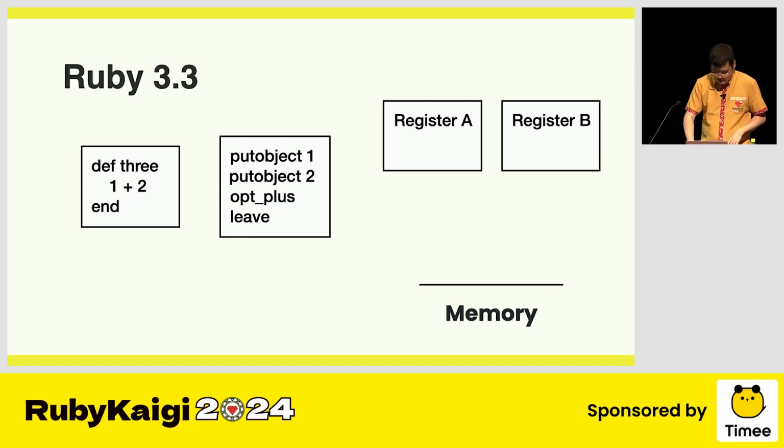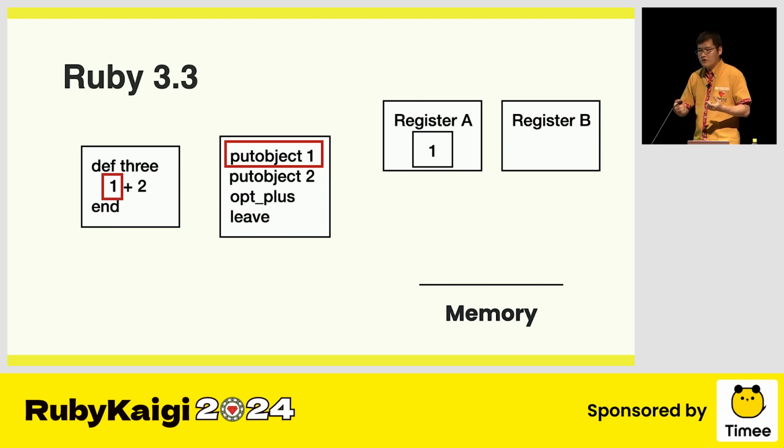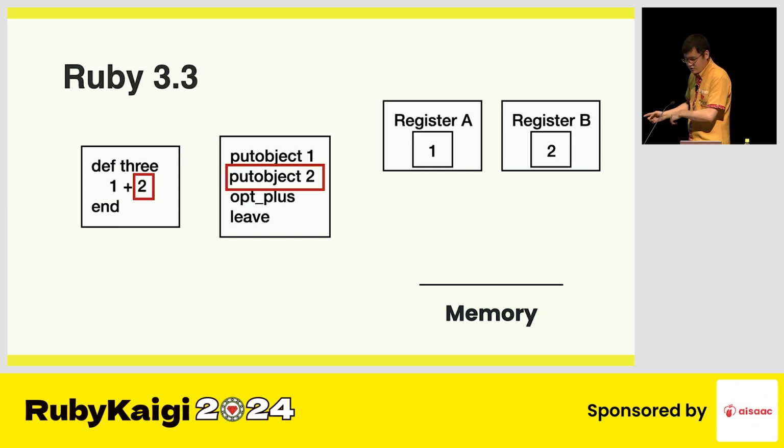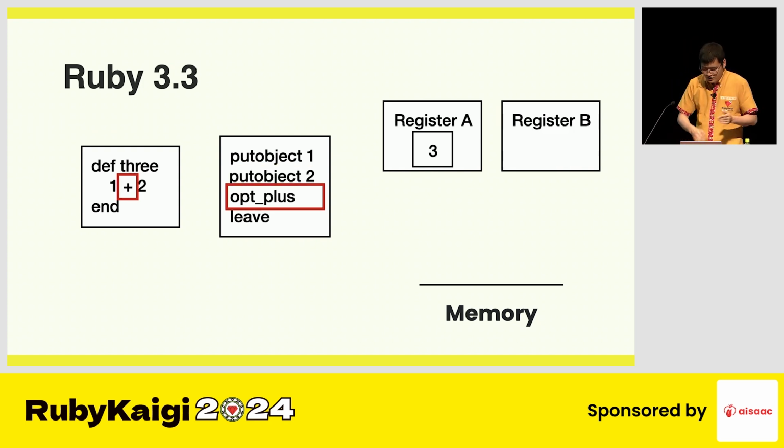So 3.3 is going to write 1 to a register, as if it was the first slot of the stack. And then the 2 is going to be written in another register, as if it was the second slot of the stack. And then the plus instruction is going to write to the first register, as if it was the first slot of the stack. And then it's going to just work like that.